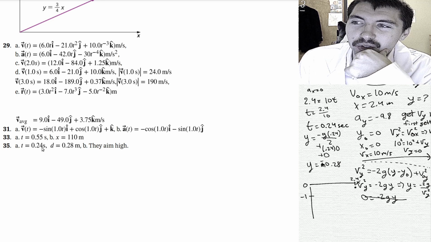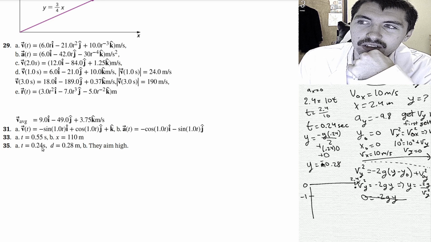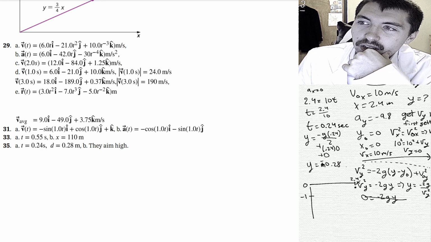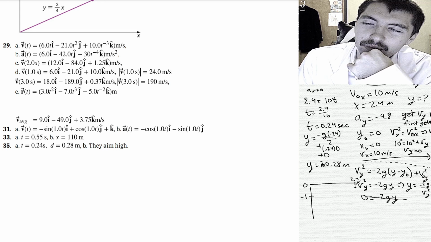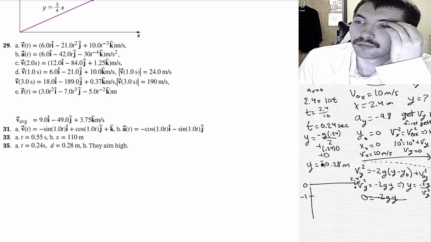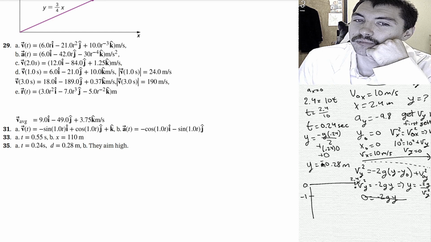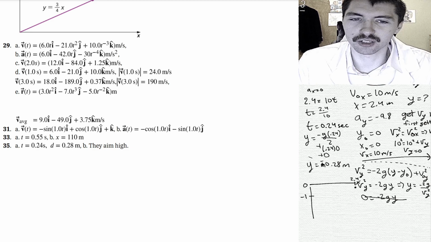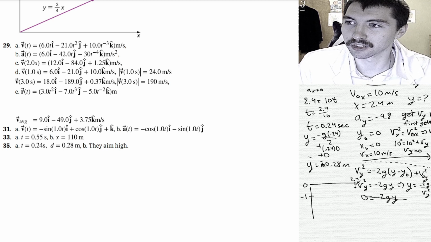It's very, very annoying because, okay, we did get 2.4 seconds, 0.28 meters. And I guess maybe it's just a matter of how you draw it. In our depiction, they're aiming low because, yeah, I think these answers are right. It's just a matter of how you graph the person throwing it.